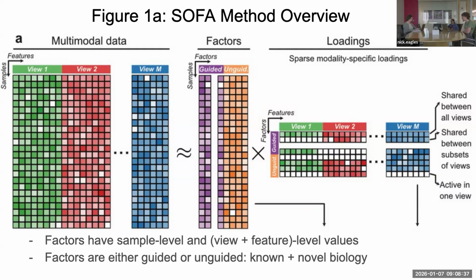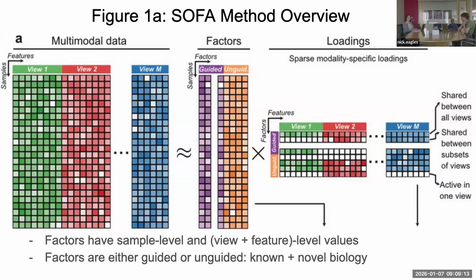The SOFA method then breaks that down into a set of factors and loadings. Importantly, you have your factor scores, where each sample has a score, in this middle piece here. It's broken up into guided and unguided. Like I mentioned, for the guided factors you provide a set of sample-level variables that you want to guide those factors. That's up to you.